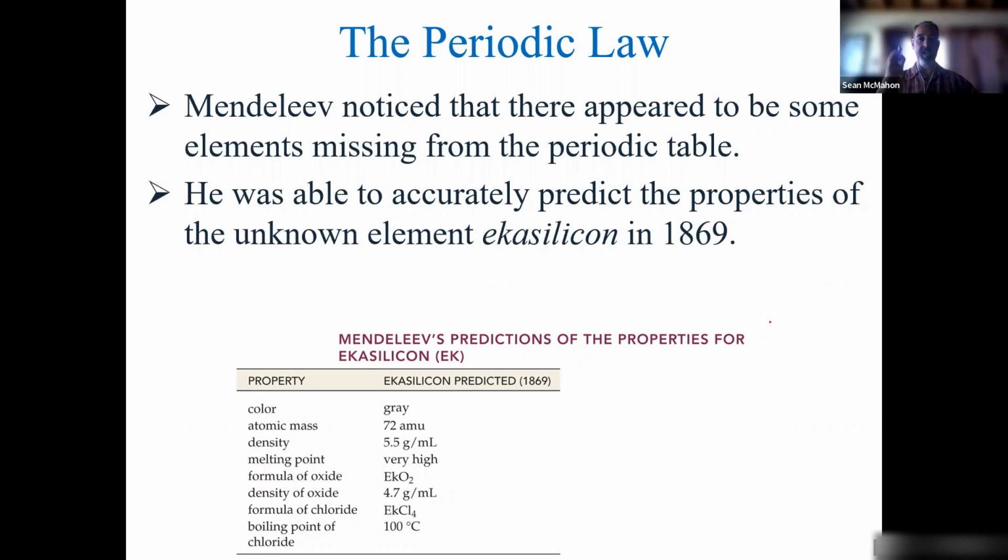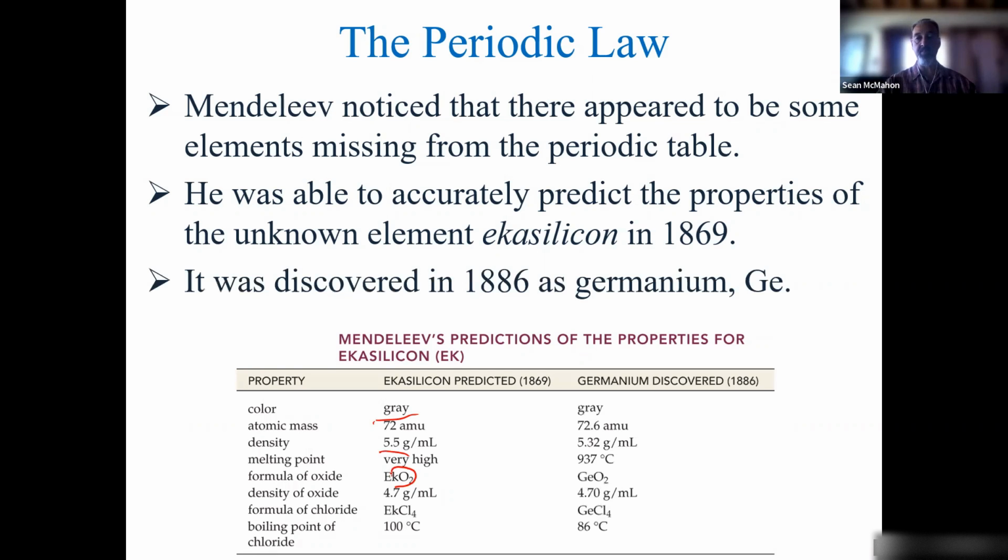So eka-silicon. And his predictions were, okay, it's going to be gray. Its density is going to be 5.5. It's going to have a high melting point. It'll combine with oxygen, 2 oxygens to 1. The formula, the boiling point.